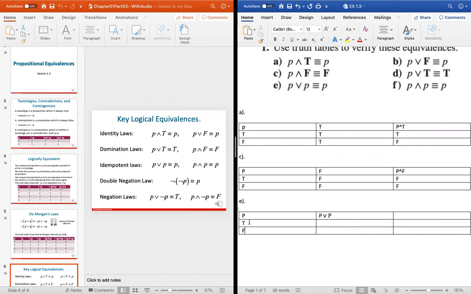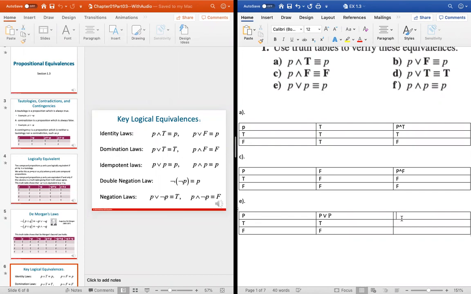Here, the order doesn't matter. So you can either put false on top or true on the bottom. It's up to you. And this symbol is also called disjunction. So once you do or with itself, true or true is true, false or false is false.